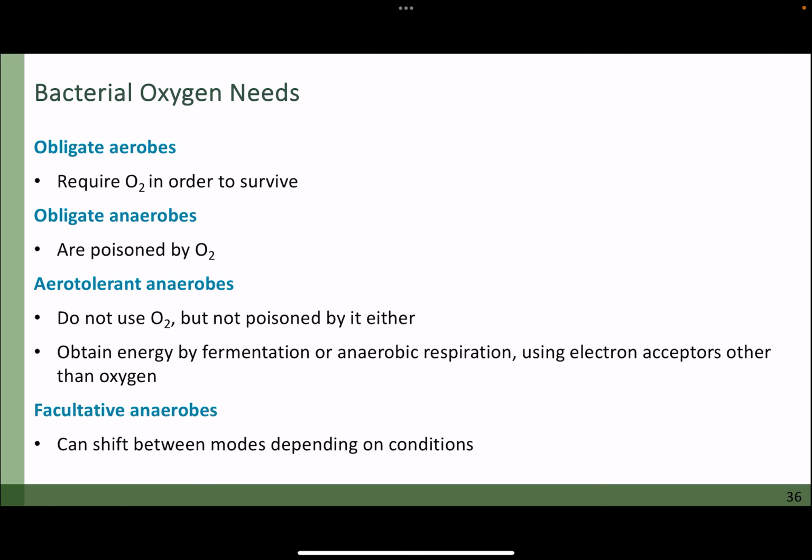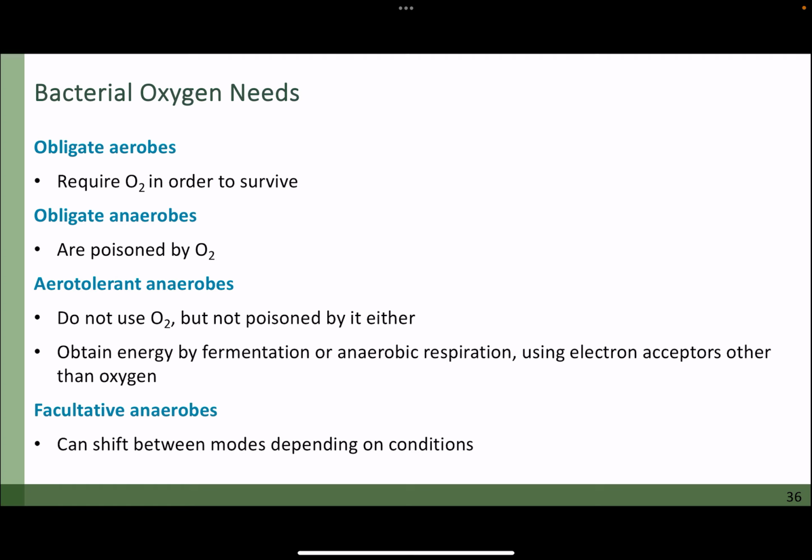Continuing on with our bacteria metabolism, the way that they utilize oxygen is also really important. We have a couple of different terms here. We have the term aerobe. These are organisms that use oxygen. The oxygen is usually required in order for them to survive.